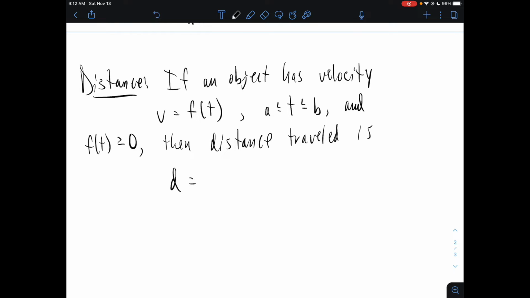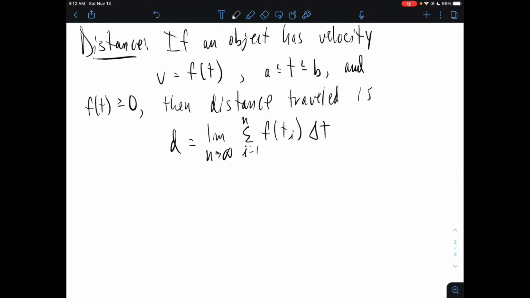we could say is d, and that's just the limit as n approaches infinity of the sum from i equal 1 to n of f of t sub i delta t. Why is this true? For each small time interval, that's what is implied by delta t, that's the width of that time interval.